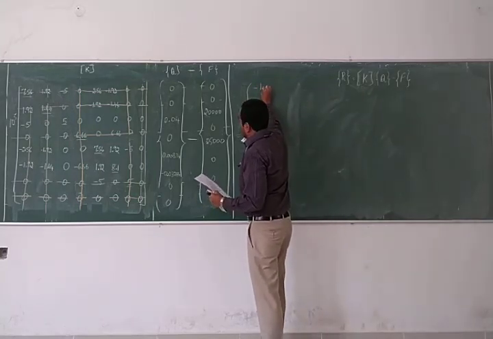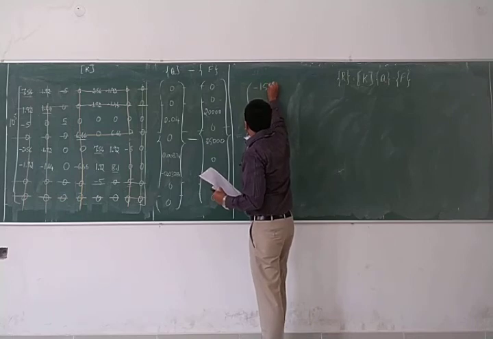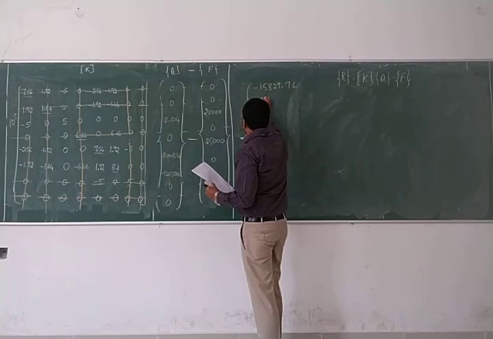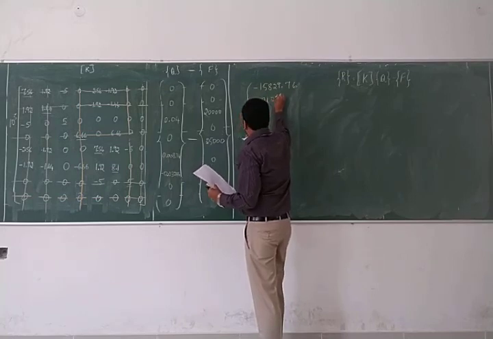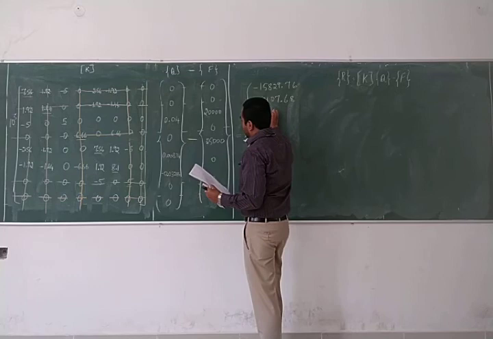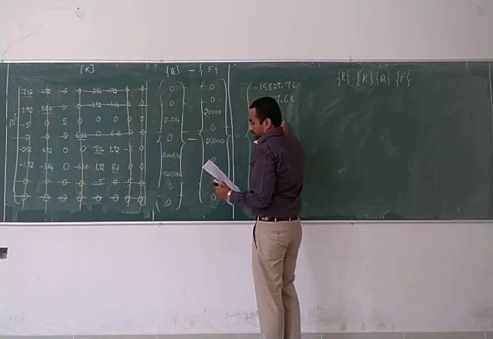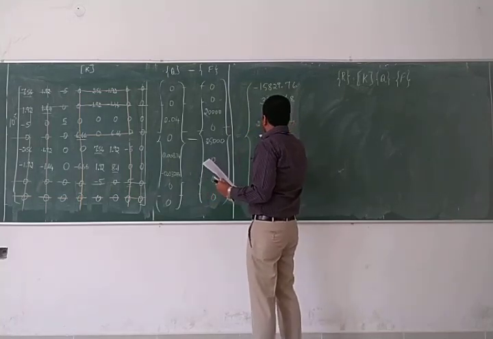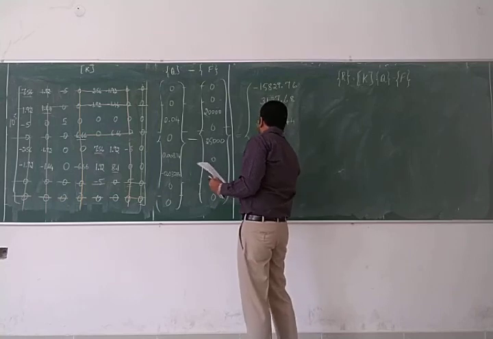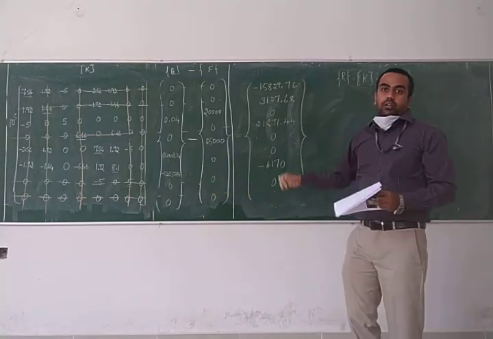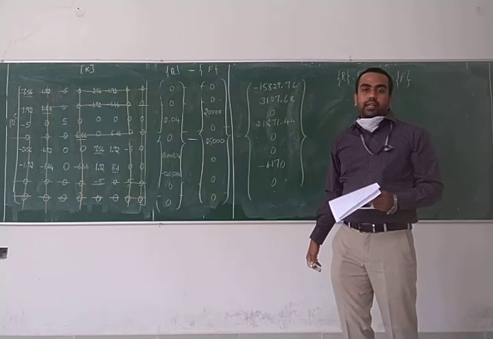When you simplify this, you will obtain the R value as minus 15829.76, 3127.68, 0, 21871.44, 0, 0, minus 4170, 0, 0. How do we obtain this? How do we multiply and all? We can refer to the problems from the analysis of bars.